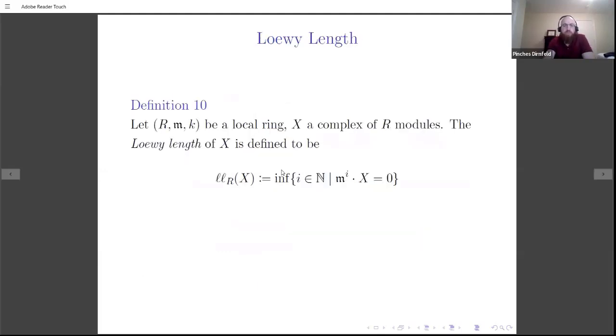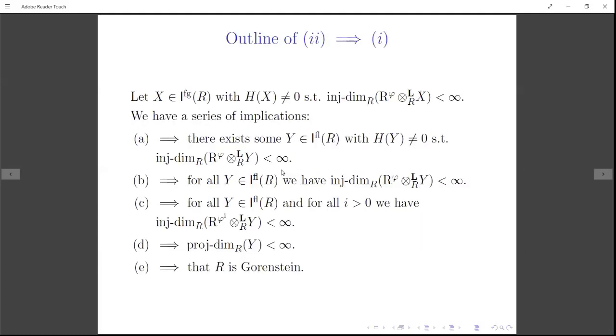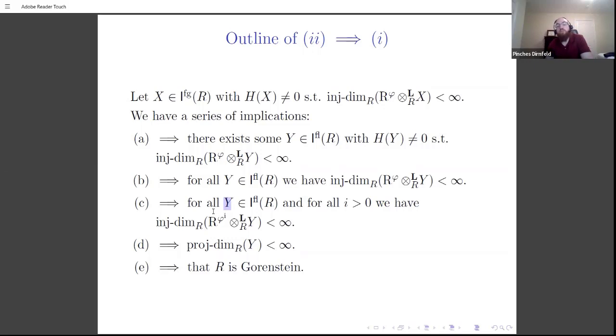And to do this, which Y? I want to have a Y which has non-trivial homology, because it's going to be trivially true if Y is trivial. There's nothing to show.